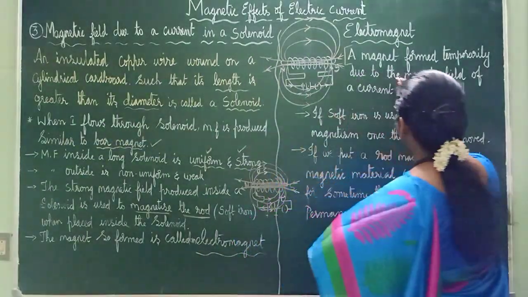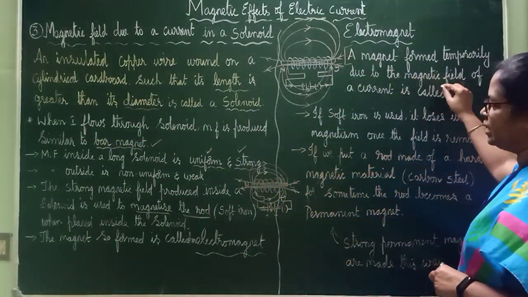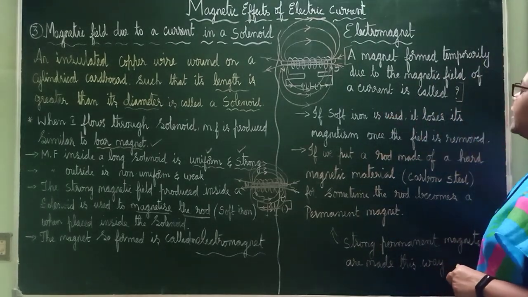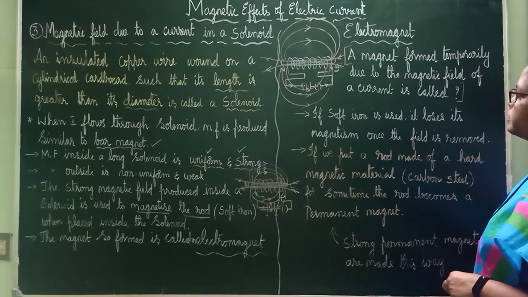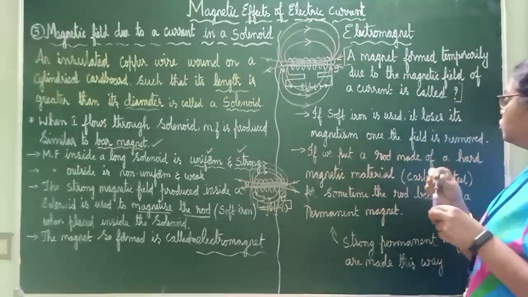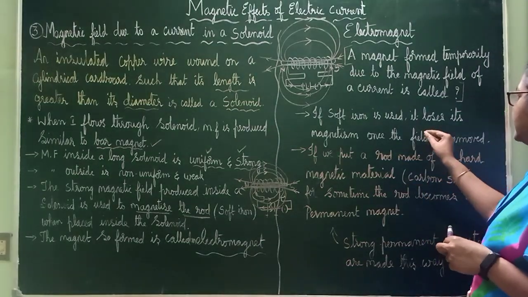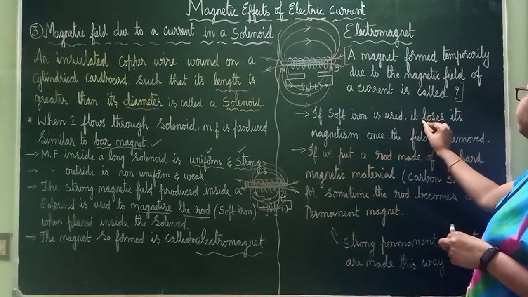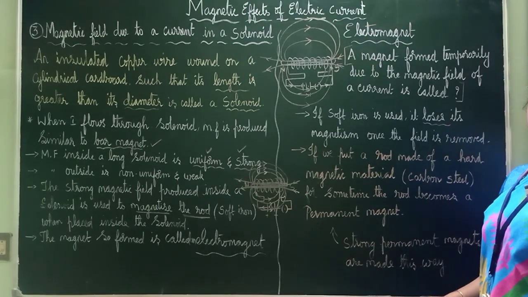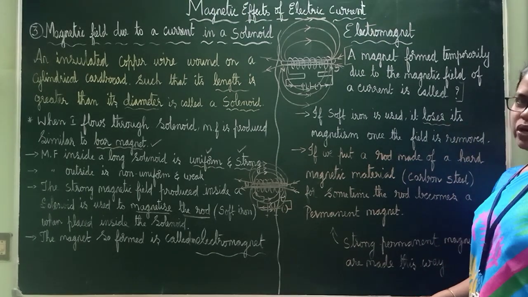A magnet which is formed temporarily due to the magnetic field of a current is called as what? Electromagnet. If soft iron is used, I said no, it loses its magnetism if current is stopped. So if you allow current to pass through, it will work like a magnet.